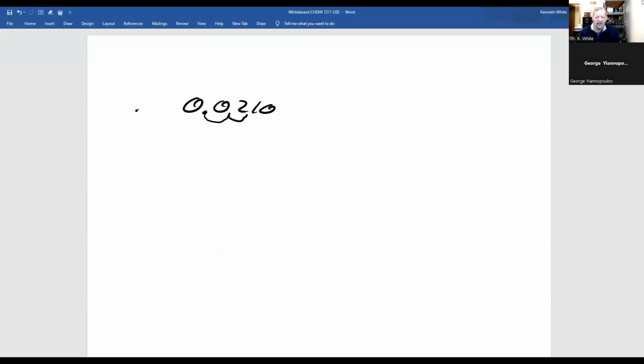This number is less than 1, so times 10 to the n power will be a negative number. There's a 0 at the end after the decimal point. I will not drop that. And I moved it 2 times, so it'll be minus 2.